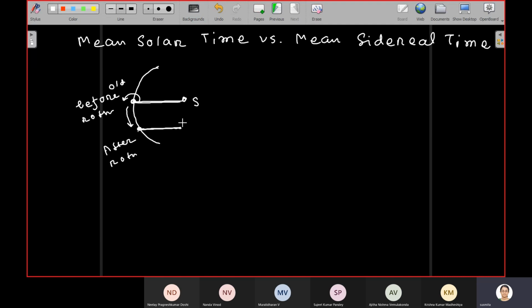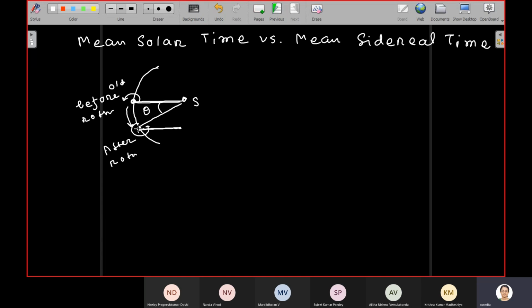But at this point, the observer would not see the sun on top. So the Earth has to rotate extra for the observer to see the sun on top. And how much extra rotation does the Earth have to make to see the sun on top again? Let's say this is the angle theta subtended by this segment at the sun.